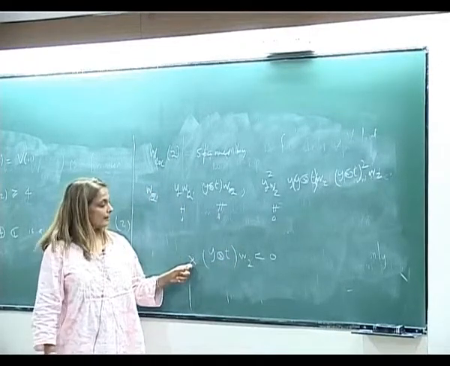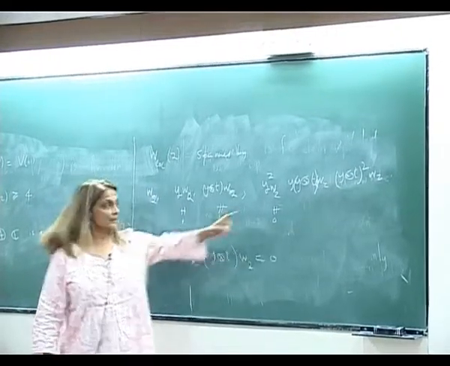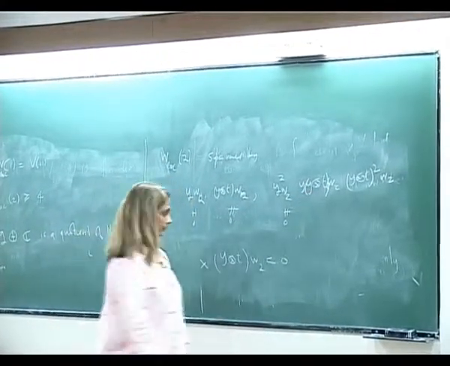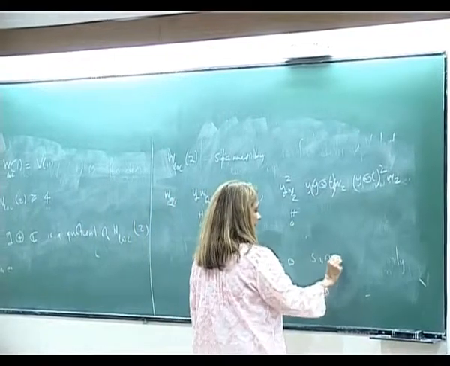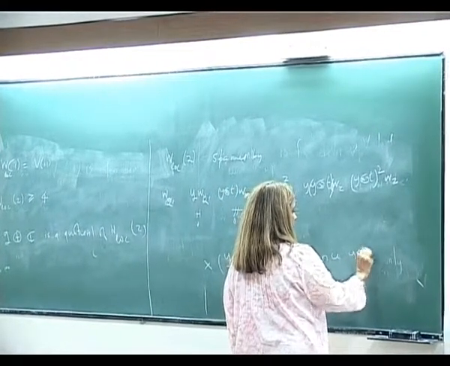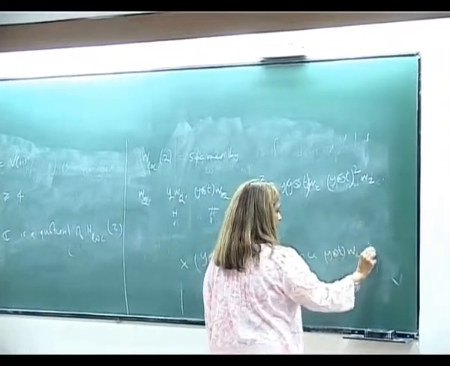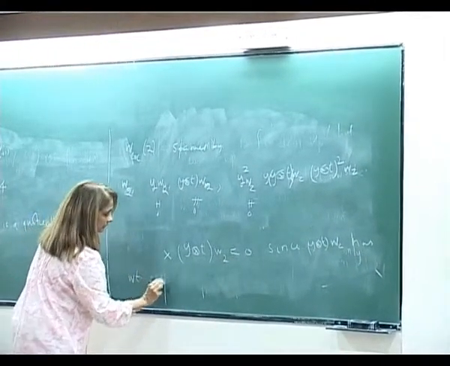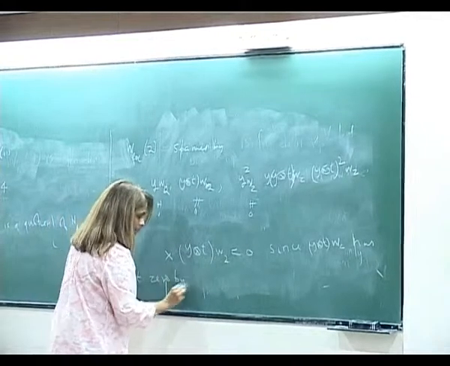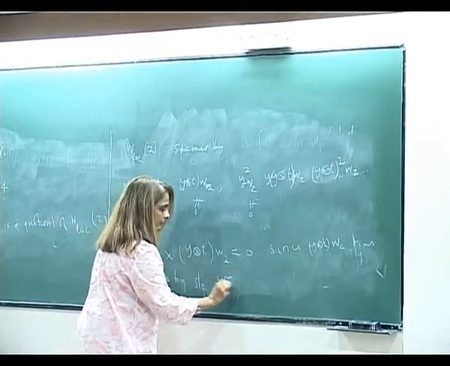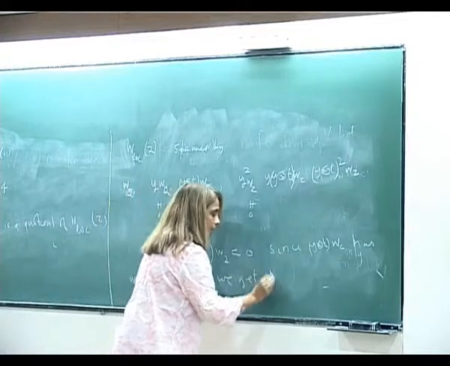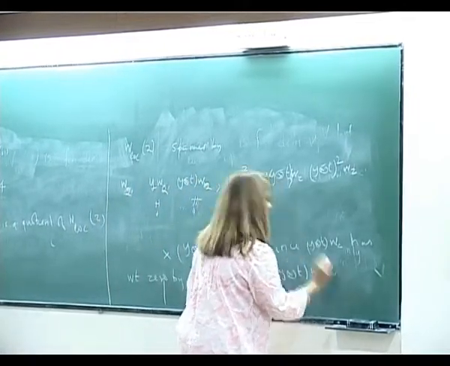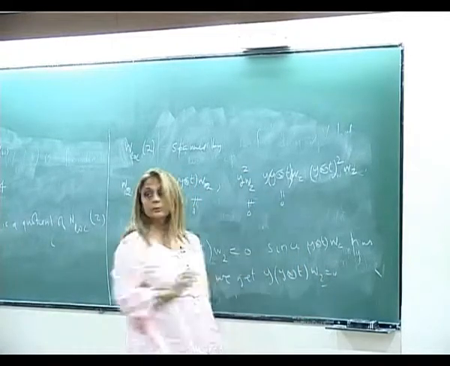And it's killed by x. That means y better kill it. Trivial module, right? Since y tensor t W2 has weight 0, by SL2 theory we get that y tensor t W2 is equal to 0. So this is 0.